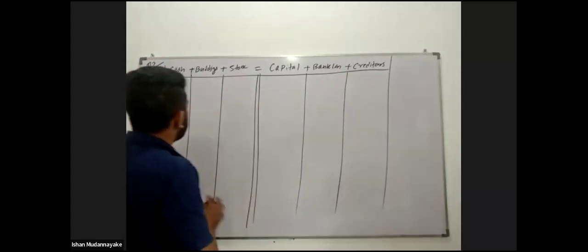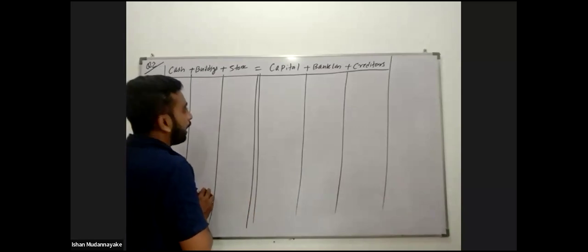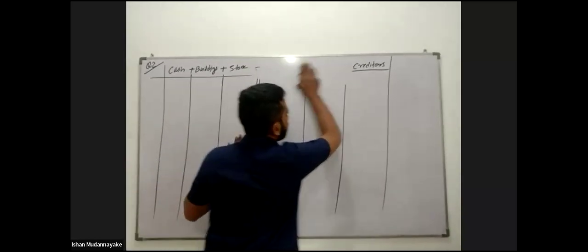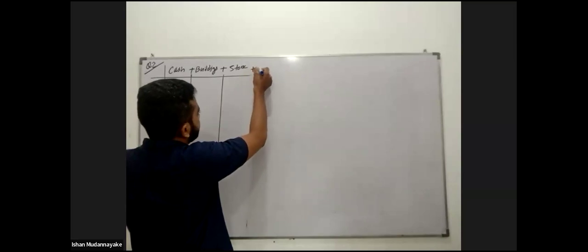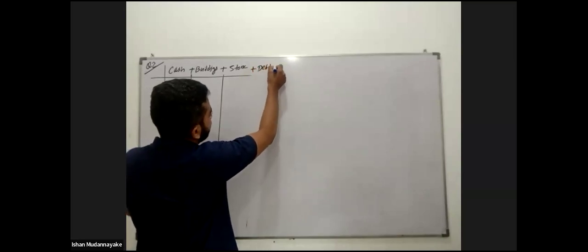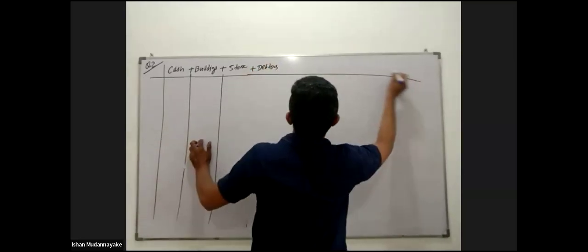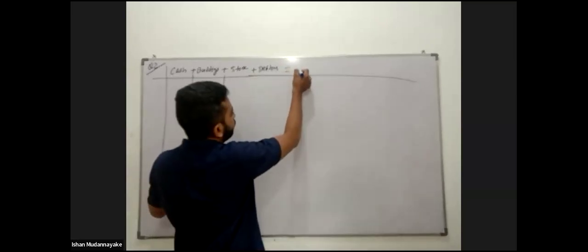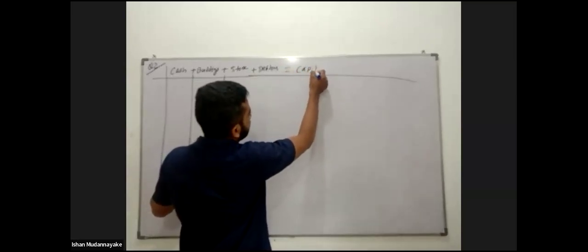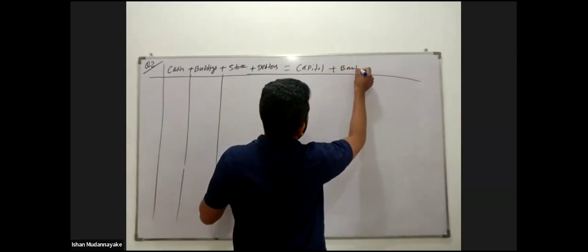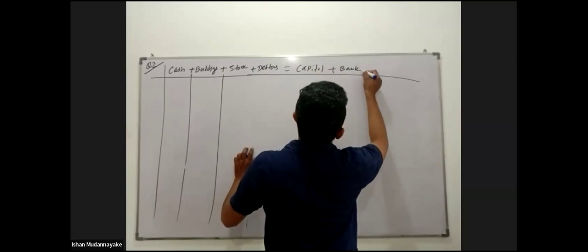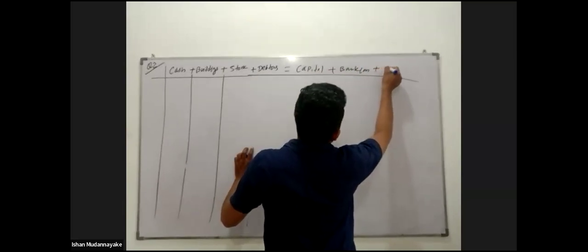Cash plus building plus stocks plus debtors equals capital plus bank loan plus creditors.